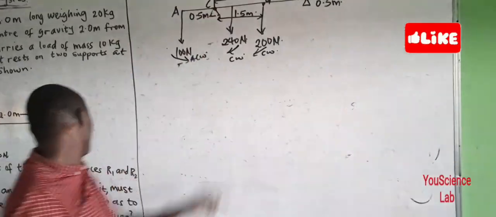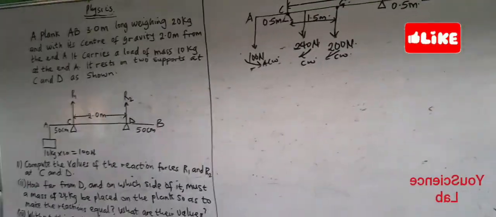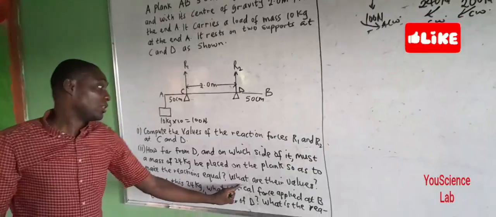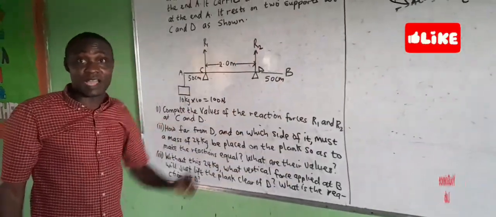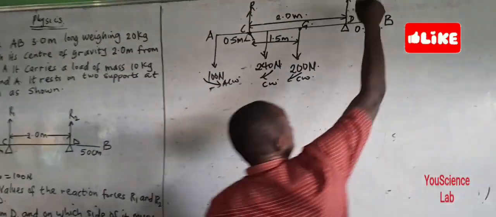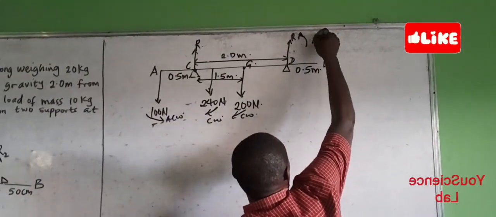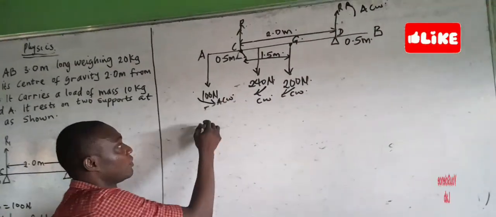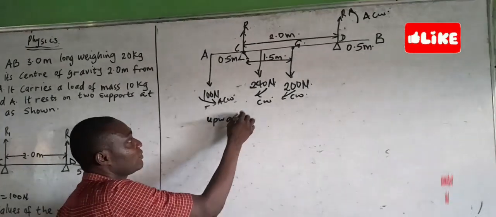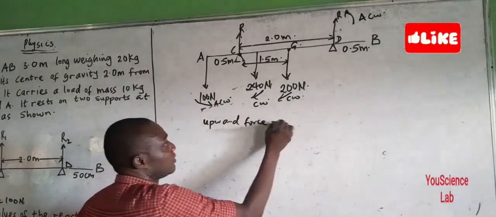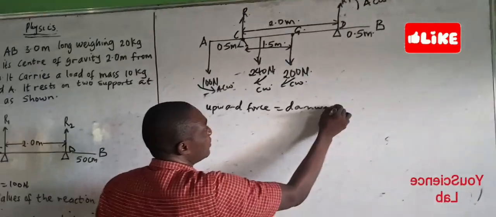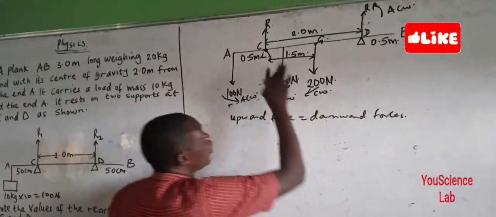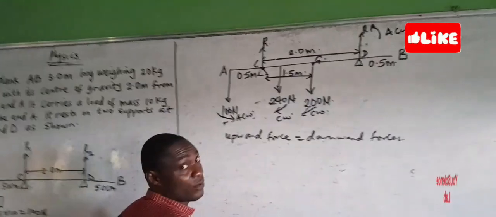So the next thing we have to do now is this. They also ask us to find the values of the reaction. So if I take moment about this, it will also be in the anti-clockwise direction. Now, for equilibrium, upward forces are equal to downward forces. So the upward force is R plus R, is that not?